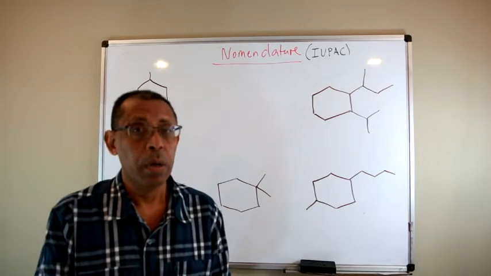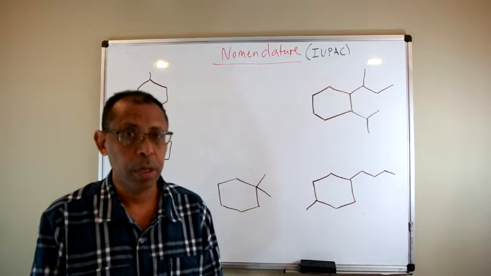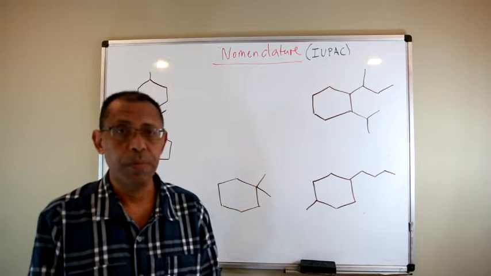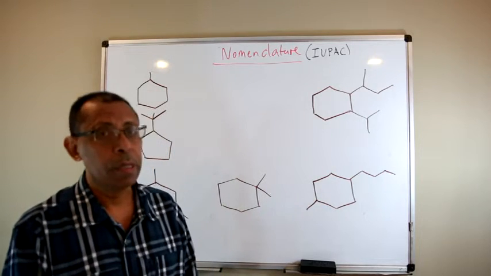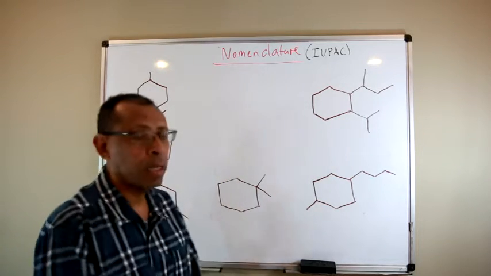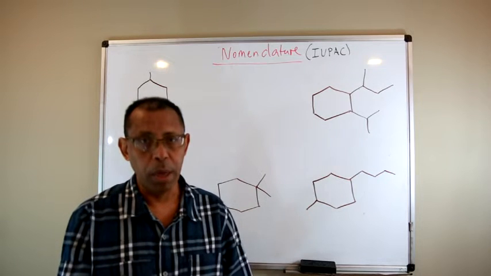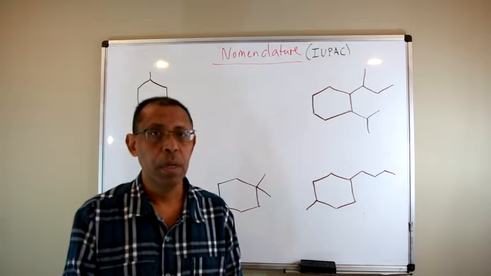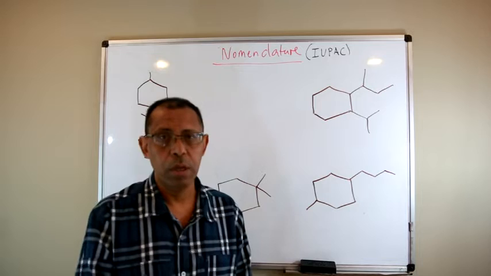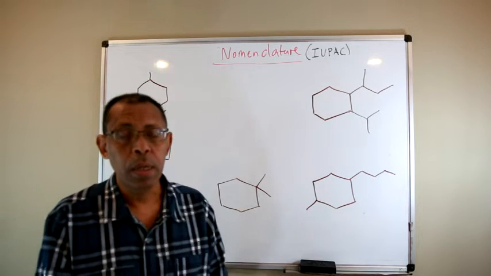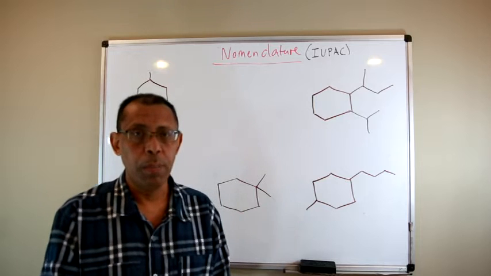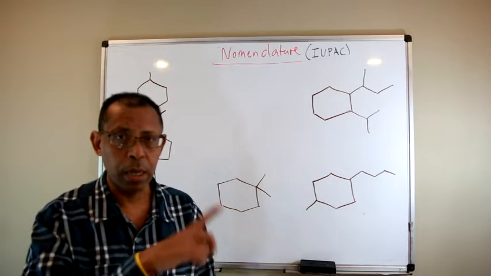To complete our discussion on nomenclature, now we'll see some cycloalkanes. That means in the structure you have a cyclic main frame of the compound. One important thing you need to remember in naming cycloalkanes is that the base is always the cyclic structure.